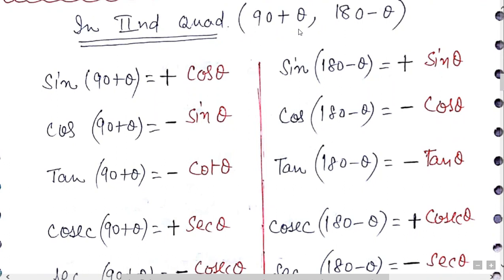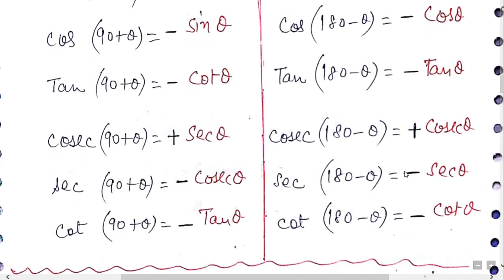When I write 90 plus theta, it means the T ratio changes. If I write 180 minus theta, the T ratio doesn't change. And in second quadrant, sine and cosecant are positive. Other ratios are negative. Similar is the case here. Sine and cosecant are positive and other ratios are negative.